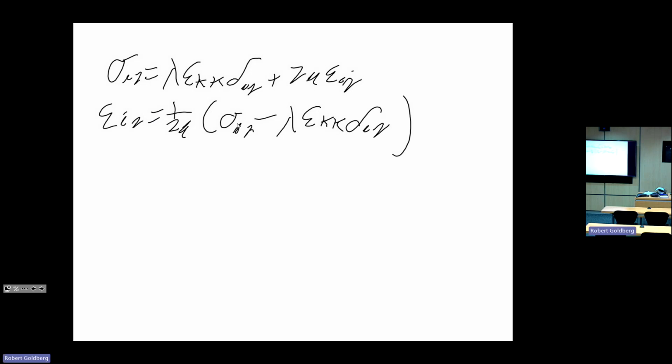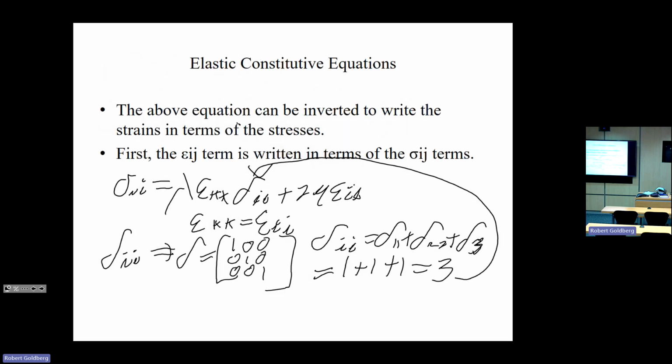So what we're looking to do now is put this epsilon kk in terms of some function of the stresses, so that we have the strains in terms of the stresses. That's what leads to what we started here.